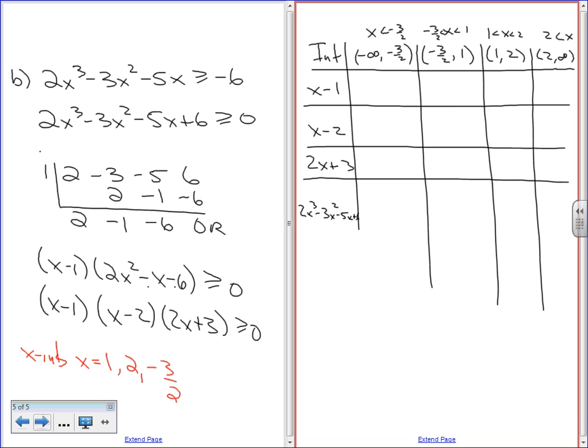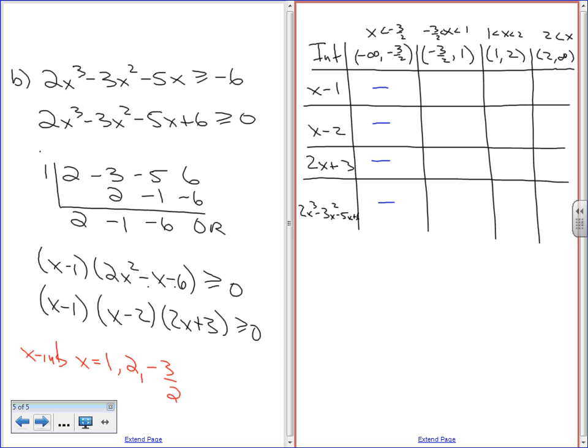Okay, so now it's just a matter of completing this interval chart to answer your question. You're taking any number between negative infinity and negative 3 over 2, so negative 10, put it in here: negative, negative, negative. 3 negatives multiply to give you a negative.